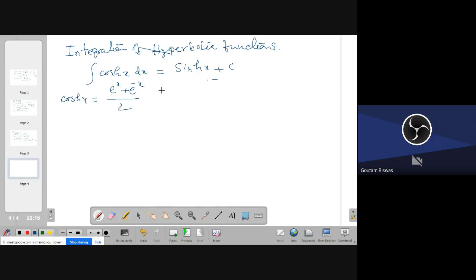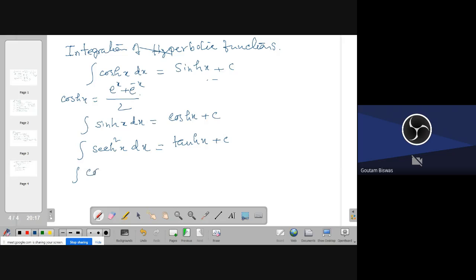So similarly, integration of sin hx dx will be cos hx plus c. Integration of sec h square x dx is equal to tan hx plus c.